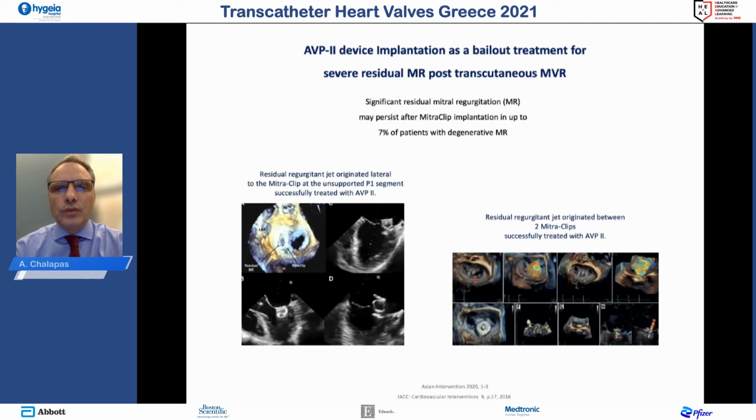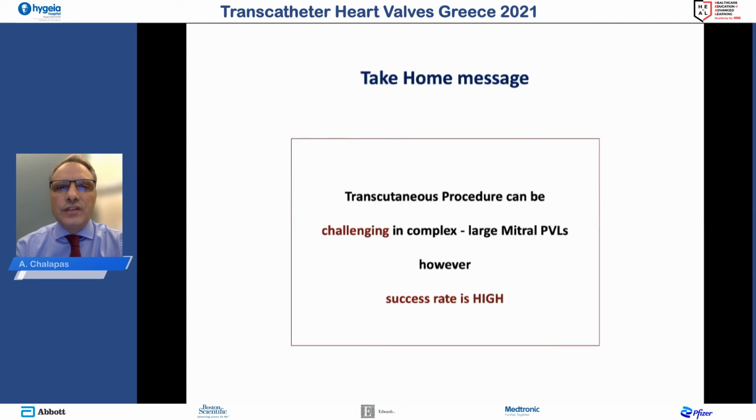At the end, I'm going to close with an off-label use of these devices. In patients treated with MitraClip, we've often seen severe residual MR, and we can proceed with closure of gaps, either between the clips or at the site of the clip, by using the AVP2 in most of the cases with sufficient results.